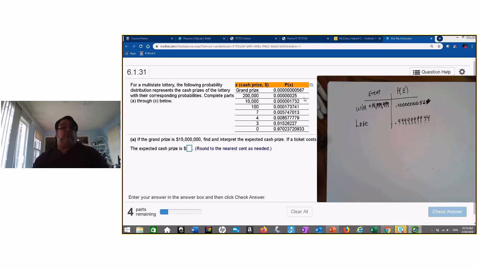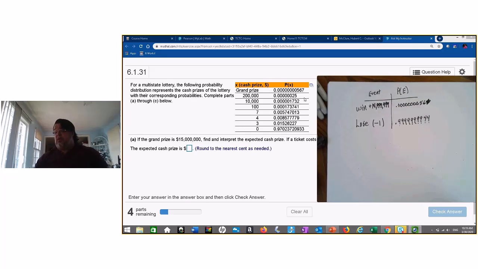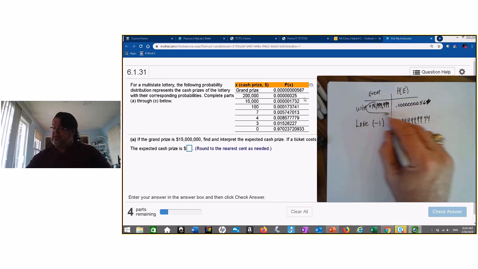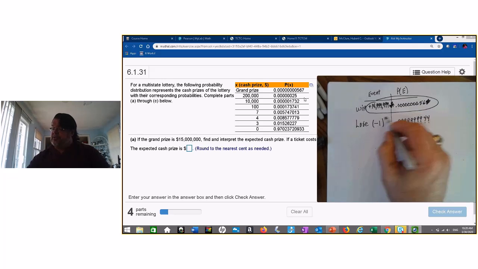Right? Yes or no? If you lose, thank you for your cooperation. If you lose, that means you've lost what? $1. So now you're going to take this times this plus this times this.